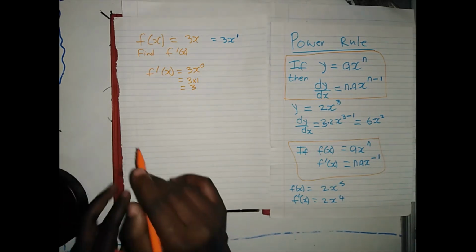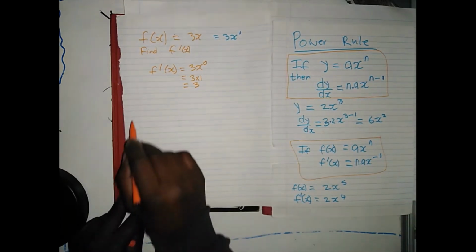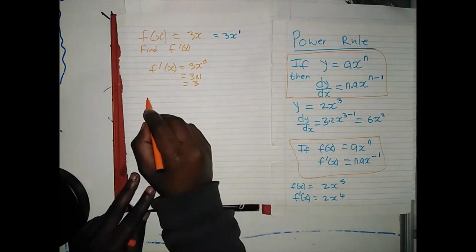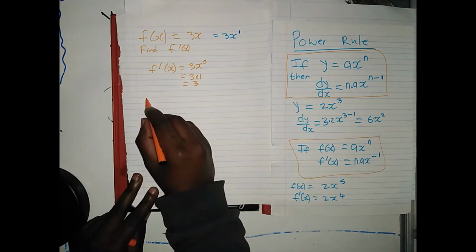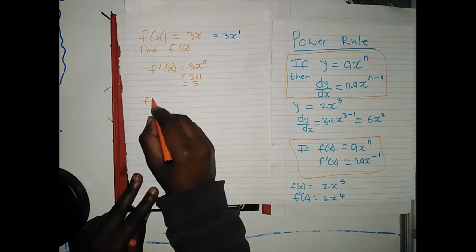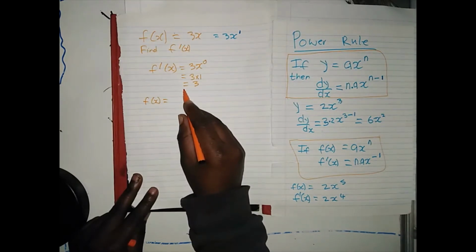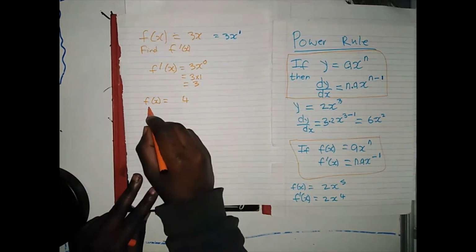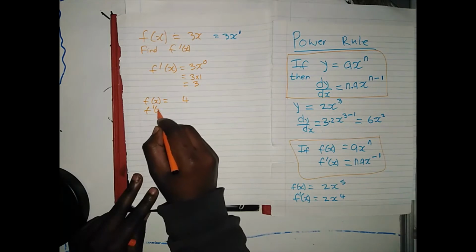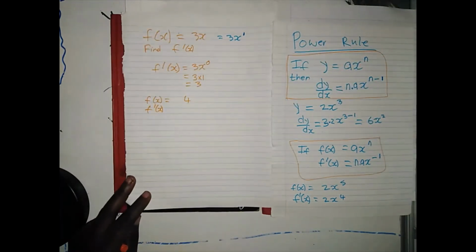Now, let us say, ladies and gentlemen, we are given something like this. Let's say we have f(x) equal to, say, 4, and then they say find f prime of x.